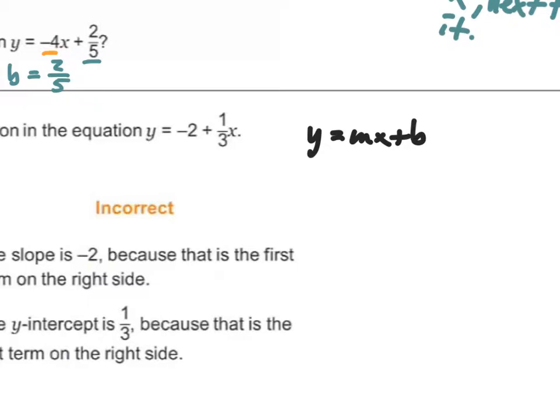Well, in this case, you're going to probably assume that negative 2 is your slope because it's the first number. But remember, the slope is the value that is in front of the x, okay? So my slope here, m, is actually 1/3, okay? And my y-intercept is the number that doesn't contain the x. So my value for b is equal to negative 2.